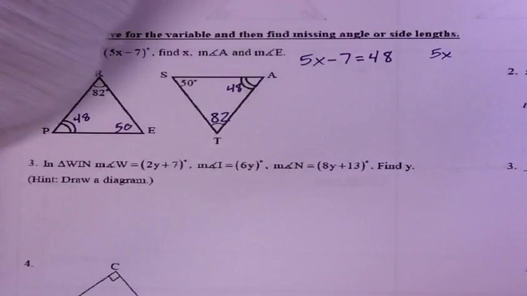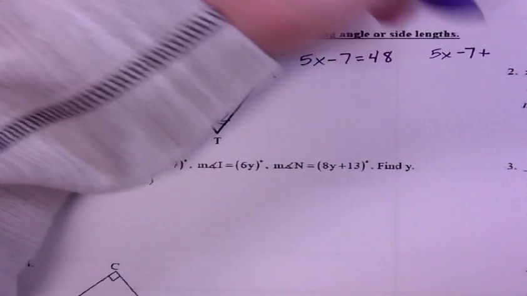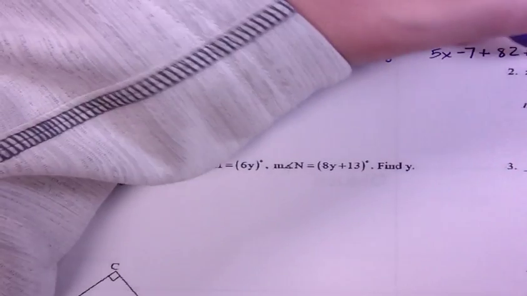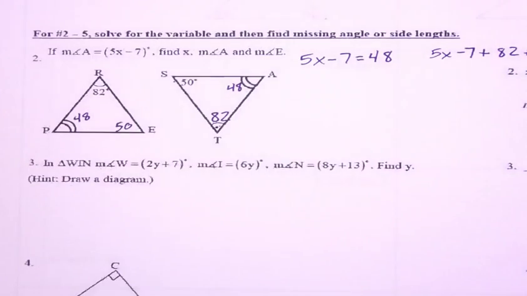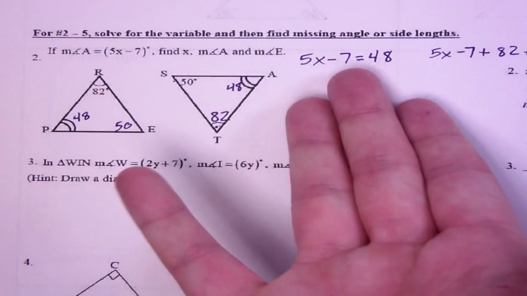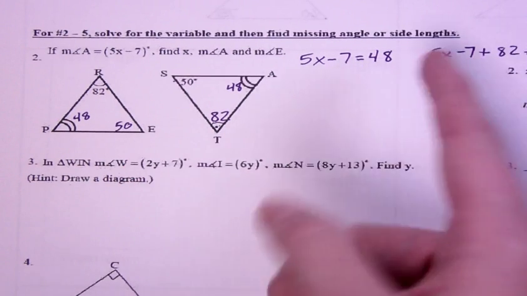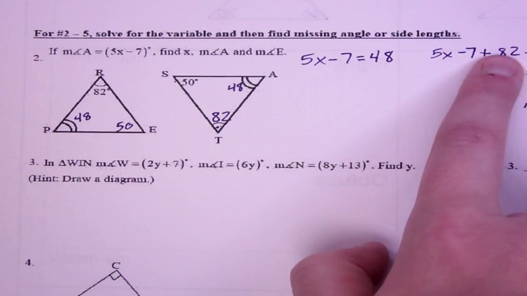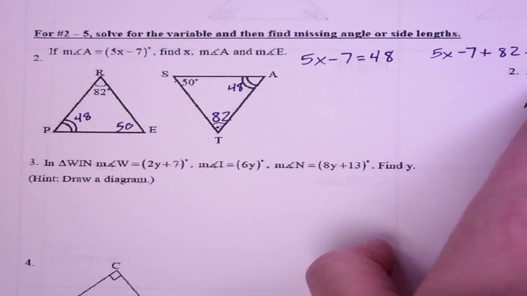Angle A plus T plus S, so 82 plus 50 equals 180. We're not going to do it that way, because the first way is way easier. But if you can't remember how to figure out that this is 48, you can always add the 3 angles together. So angle A, angle T, angle S equals 180.